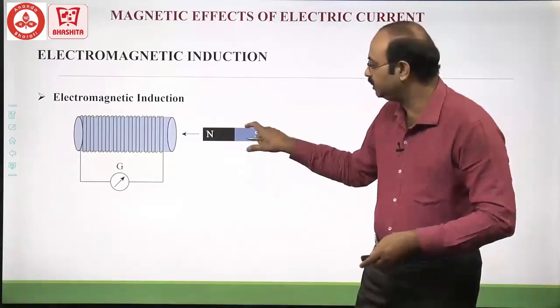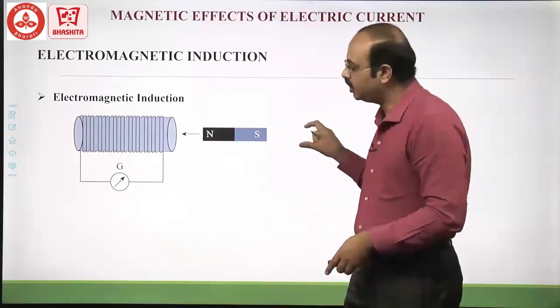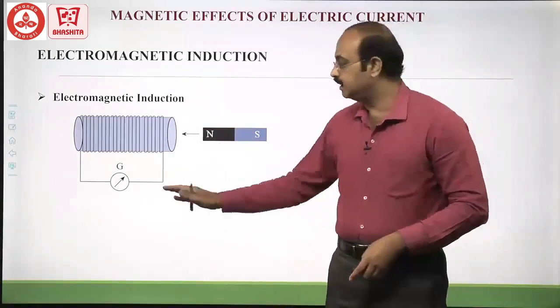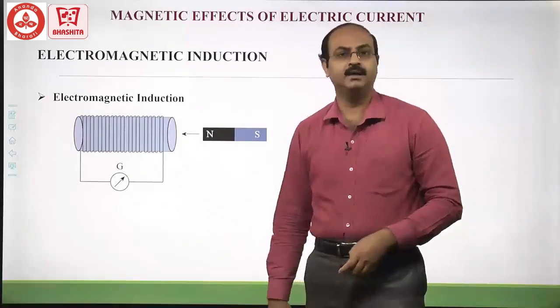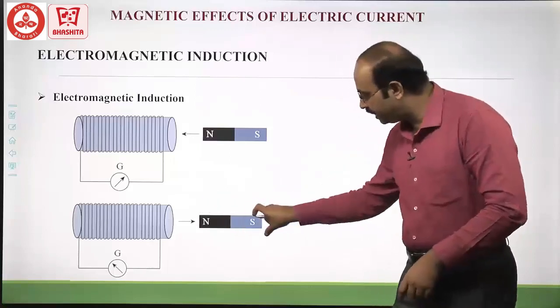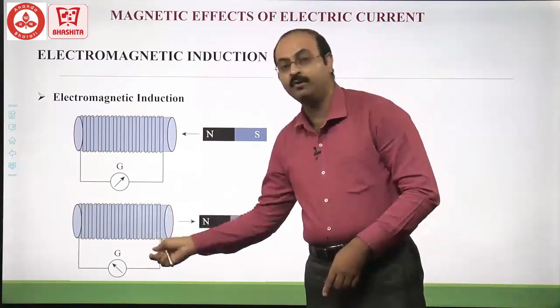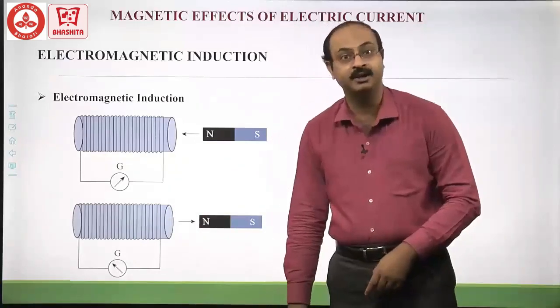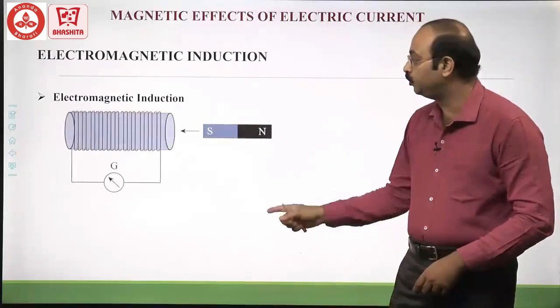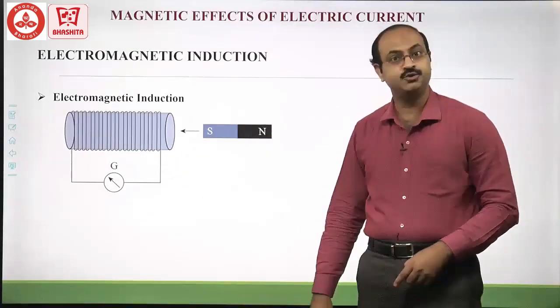Then you bring a bar magnet with its north pole facing the coil and move it towards the coil. The galvanometer needle will deflect towards one side, and if you take the bar magnet away, there is a deflection in the galvanometer but in the opposite direction. Instead of the north pole, if you use the south pole and move it towards the coil, a galvanometer deflection is noted.